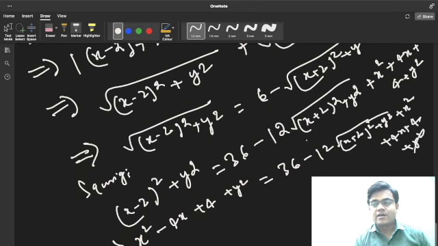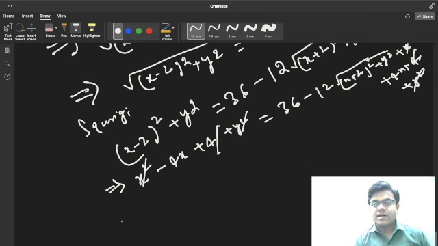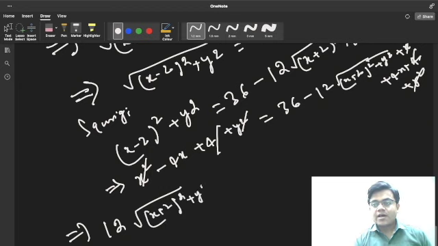So y square will be cancelled, 4 with 4, x square with x square, all these will be cancelled. And finally, we take this square root term to this side, so it becomes 12 times the square root of (x + 2) whole square plus y square, and this will become 36 and minus minus plus 8x.